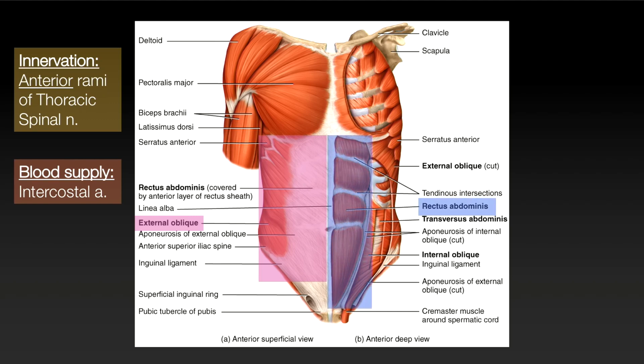The muscle most often associated with abdominals is the rectus abdominis. Rectus, maintaining vertical, maintaining an erect posture. Vertical fibers that run top to bottom, the length of the abdomen, that are separated by some tendinous intersections.